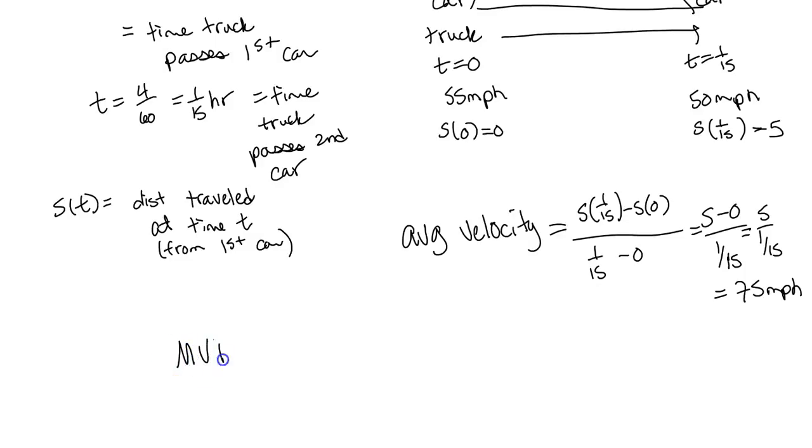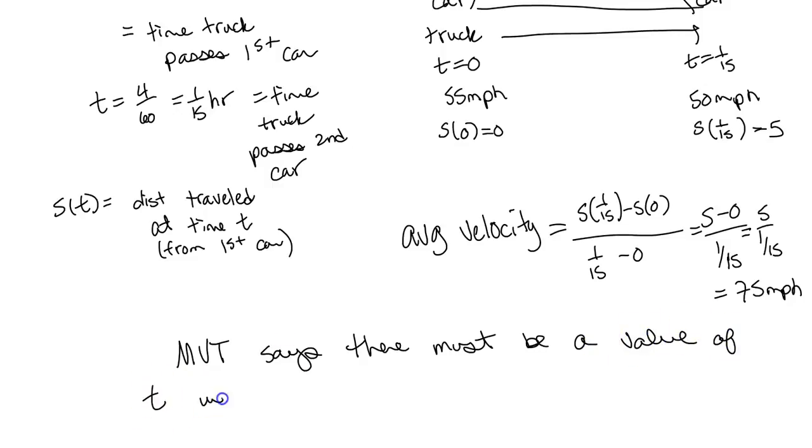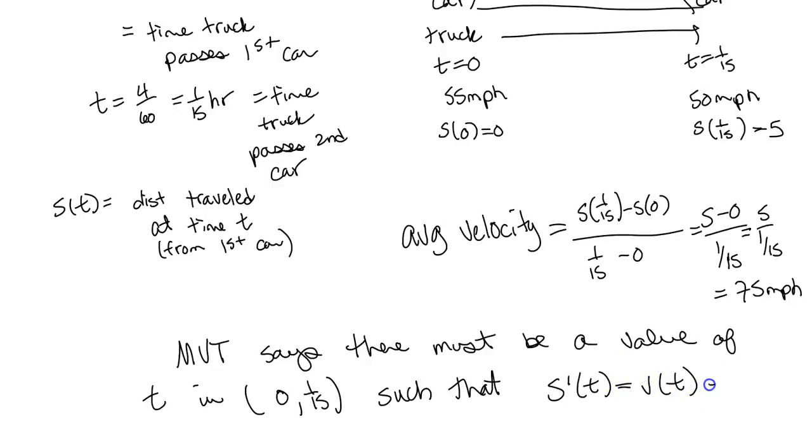The mean value theorem says there must be a value of t in the interval from 0 to 1 over 15 such that s prime of t, which remember would be the velocity of t, is equal to 75 miles per hour.